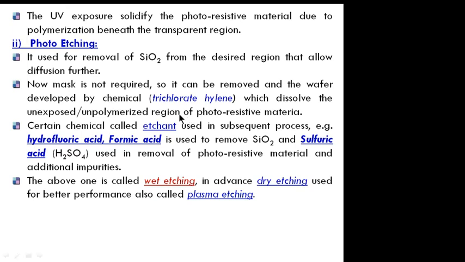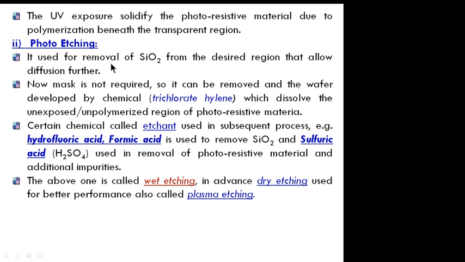A certain chemical called the etchant, like hydrofluoric acid or formic acid, will be used to remove the SiO2, and sulfuric acid is also very well known and many times used to remove the photoresistive material and additional impurities. So in a nutshell, in the photo etching process, our prime job is to remove the SiO2 layer.